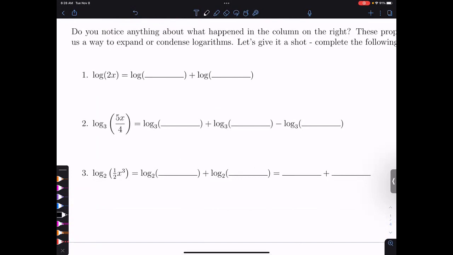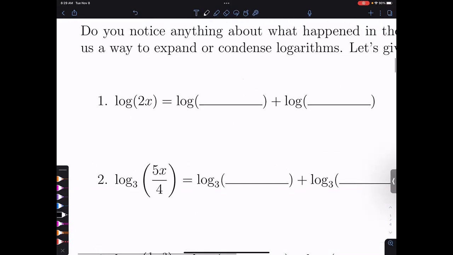What you're allowed to do is take the inside of a log, break up multiplication or division or powers and simplify those. And then if you can evaluate a log further, like, say it's exactly 3, then you can do that. So the log, what's the base here? 10.